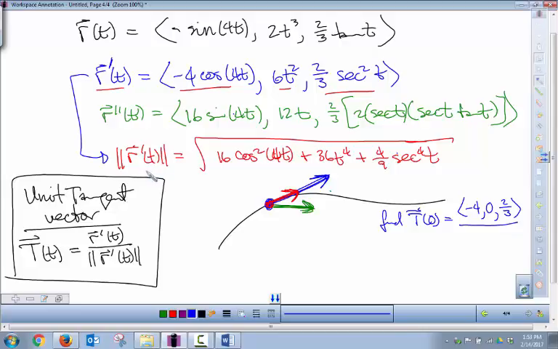Let's put 0 into the magnitude. So the square root of 16 plus 0, plus 4/9.